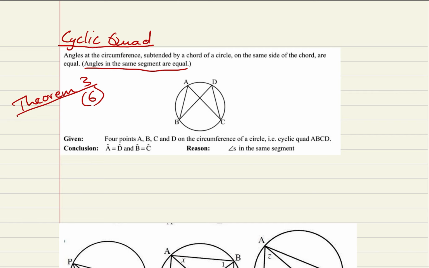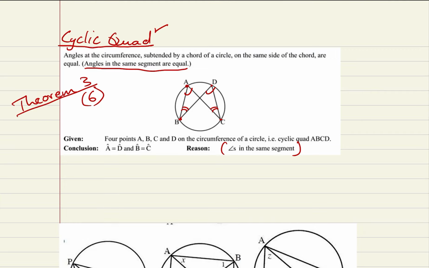Okay, which means that angle A is equals to angle D, angle B is equals to angle C. Angles in the same segment. That's our reason. Remember this one, don't confuse it. The vertices also must be in the circumference because it's under a cyclic quad.